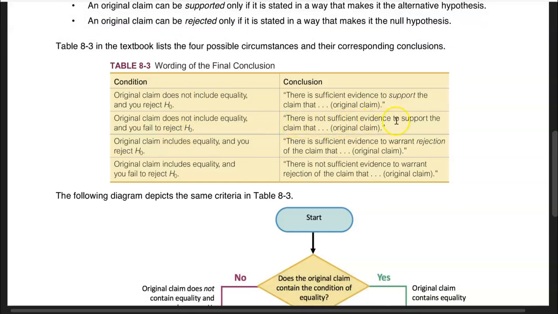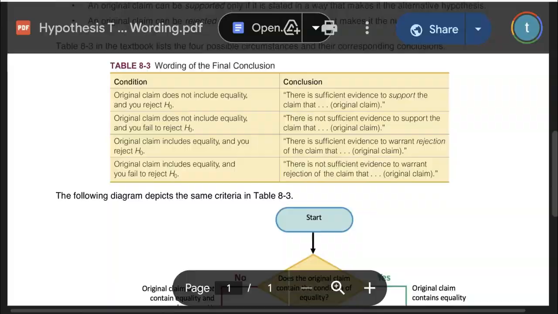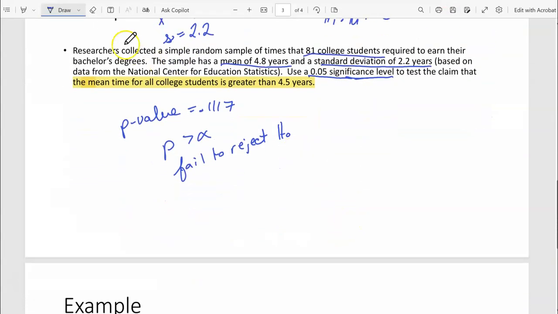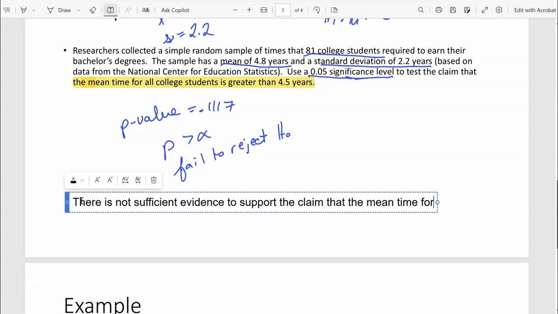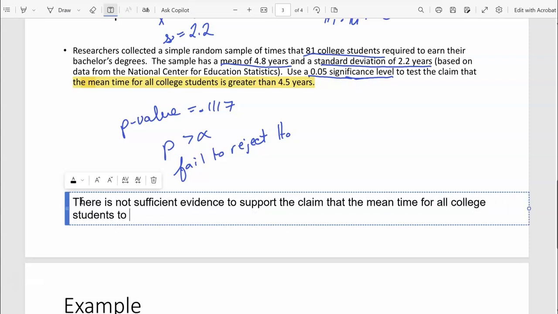There is not sufficient evidence to support the claim that the mean time for all college students to earn their bachelor's degree is greater than 4.5 years.